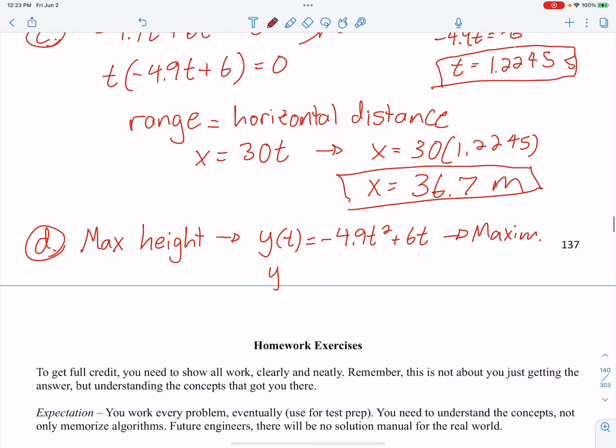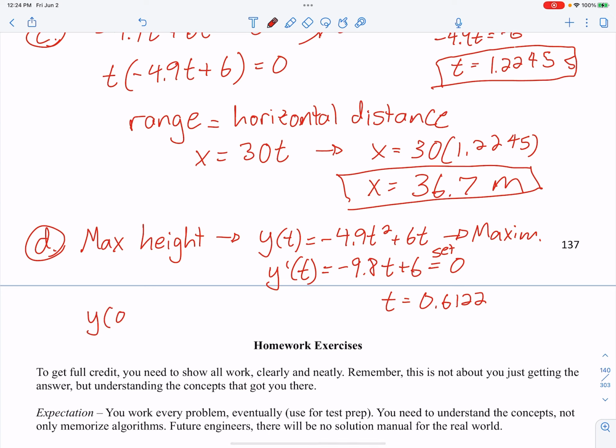How we do that, from Calc 1 if you don't remember, is I take my derivative. So negative 4.9 times 2 is negative 9.8 t plus 6, and then I set that equal to 0 and solve. So t is going to be negative 6 divided by negative 9.8, and I got 0.6122, rounding. That tells me the time of the max height, but if I want the actual max height, I need to plug it back into y.